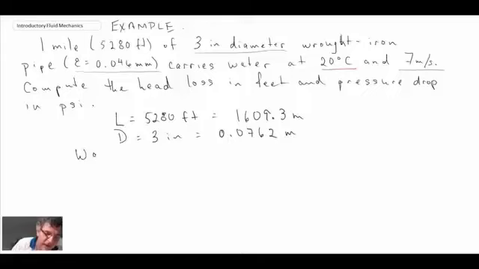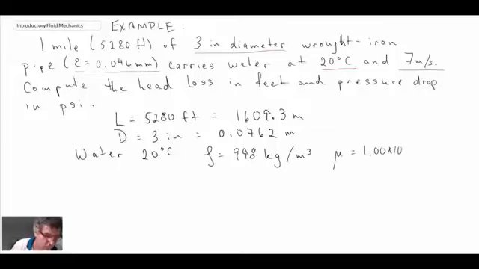And then looking at values for water, we have the dynamic viscosity, we have the density, and we are told the velocity is 7 meters per second. The first thing we want to do is calculate the Reynolds number for the pipe flow.